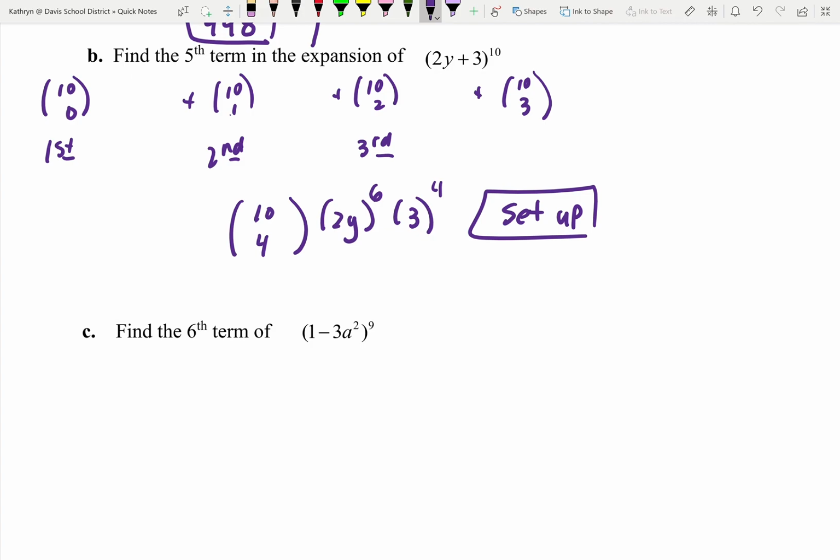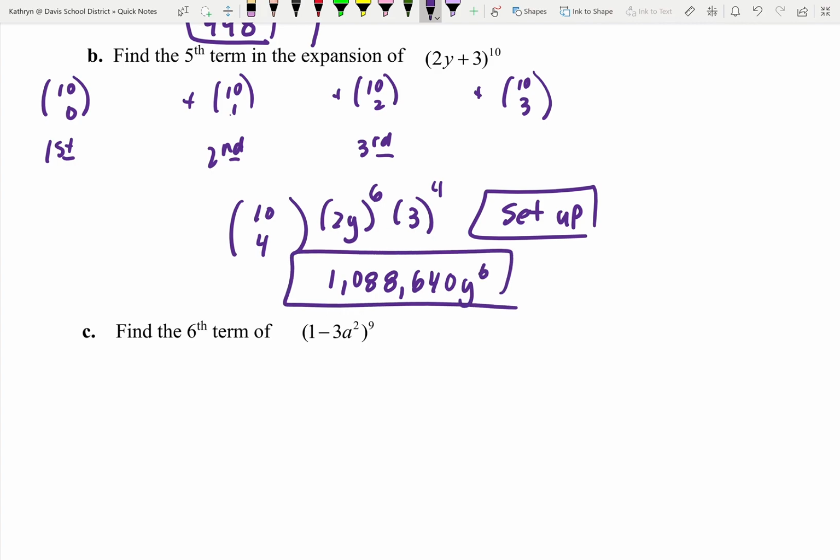I get 1,088,640. Now, do they want the coefficient or do they want the y to go with it? They want the y. If they just wanted the number, it would say coefficient. So then it's going to be y to the 6th, and that's your answer.